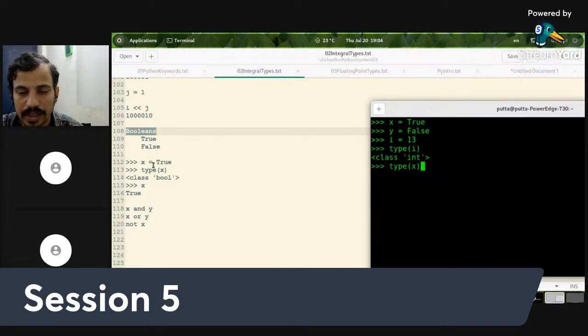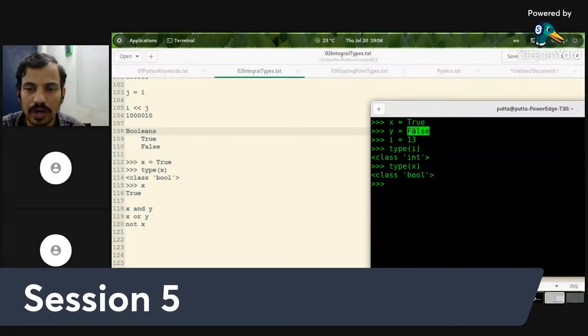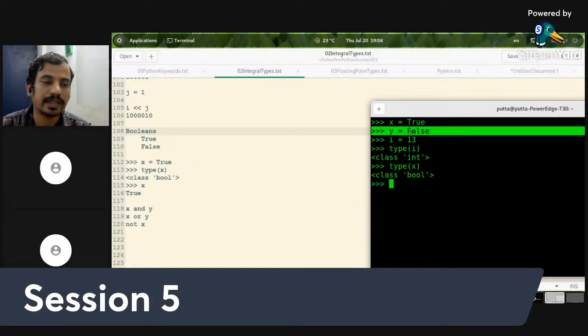Anyone got this? Bool. Yeah. Okay, so they are Boolean types. So if we store either the value true or false, then they are treated as Boolean values. We use this to indicate the truthness or falseness of a statement.